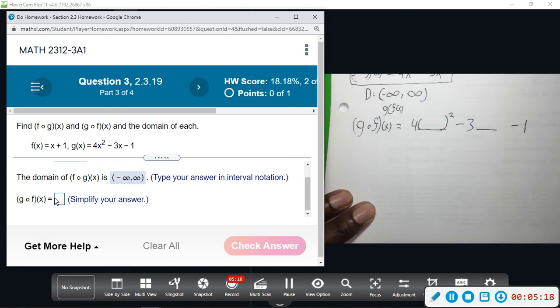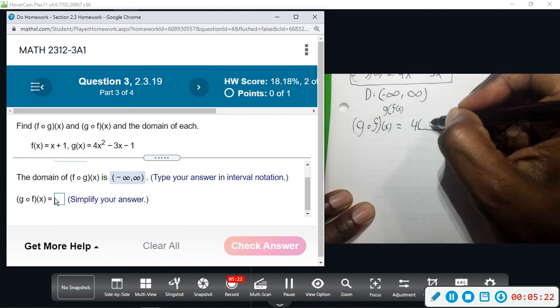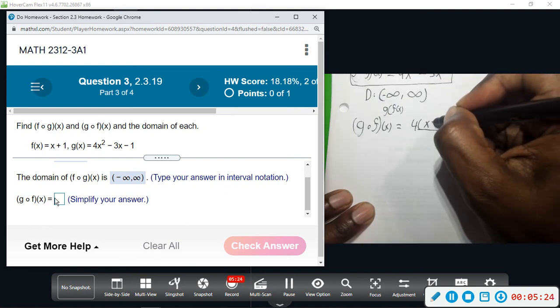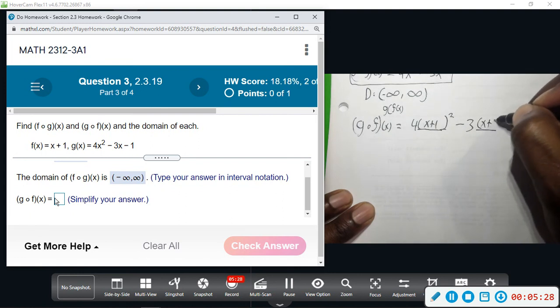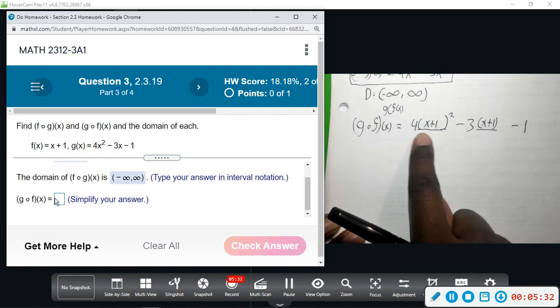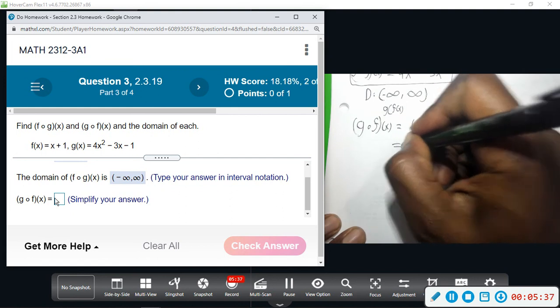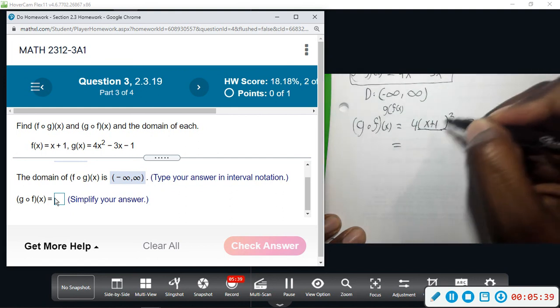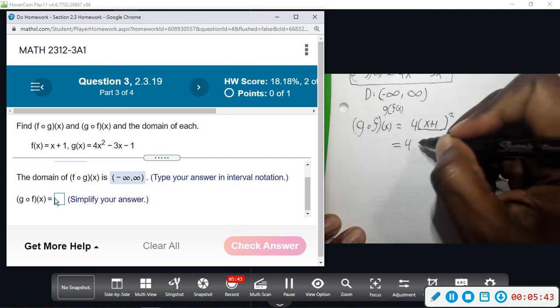Okay, that's the translation. So f is x plus 1, so 4 times x plus 1 squared minus 3 times x plus 1, and then minus 1. Alright, here we have to FOIL. I'm going to do the shortcut. I'm just going to FOIL x plus 1 times x plus 1. Bring down the 4. I'll do that one last.